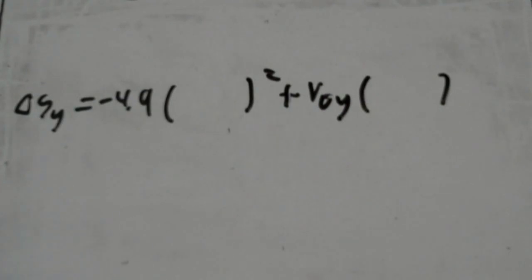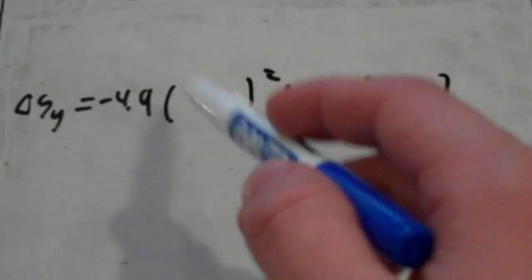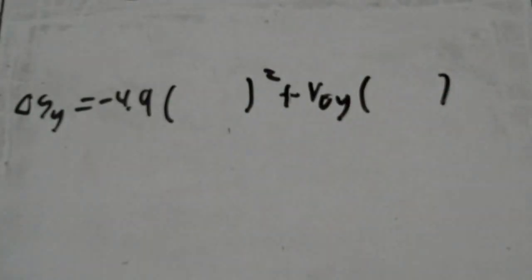Alright, now here we have our initial vertical velocity equation. And you'll notice there are gaps here, and you hopefully remember that time used to go in those. And in the previous segment, I had the horizontal velocity equation set equal to time. And since the position variables and the velocity variables for each of them will be slightly different, the time will stay the same throughout this.